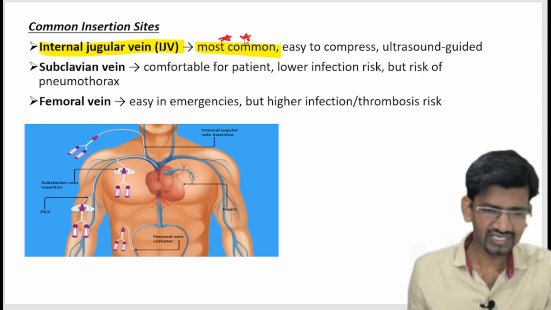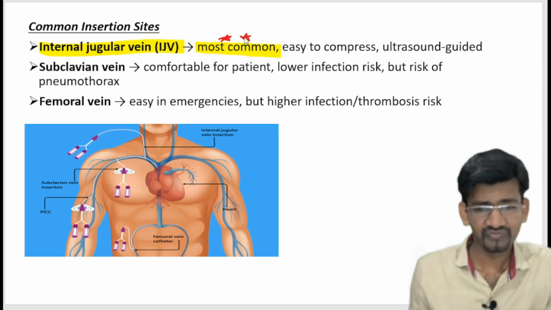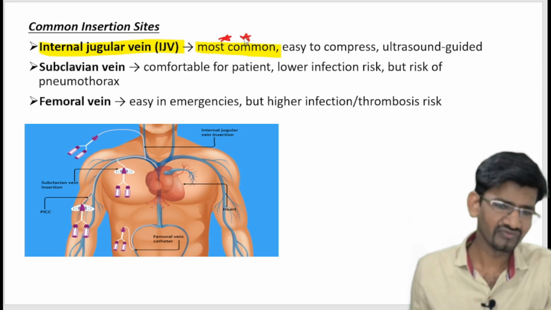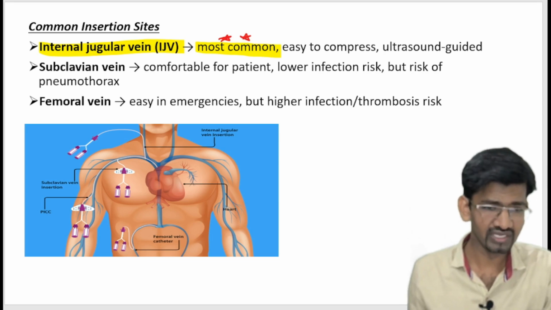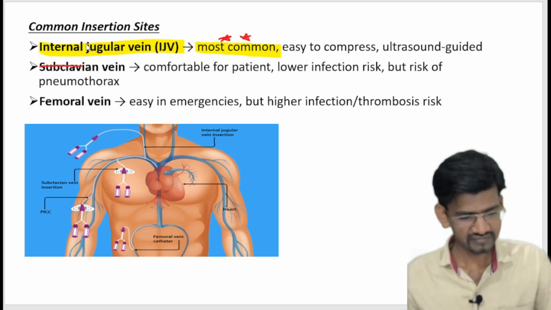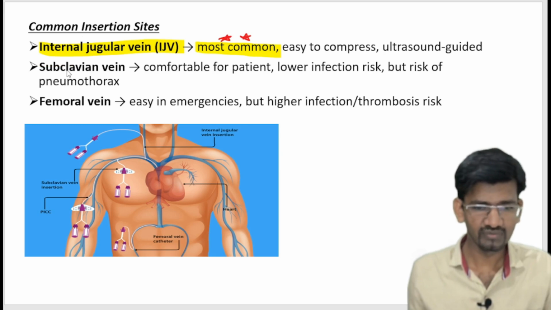It is easy to compress, and under ultrasound guidance we can easily insert into the internal jugular vein. The second most common is the subclavian vein.